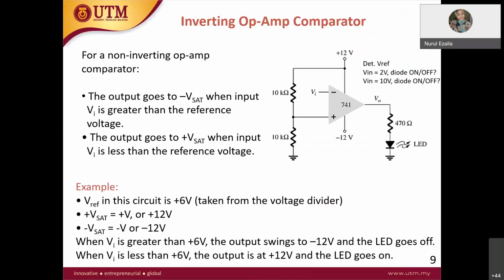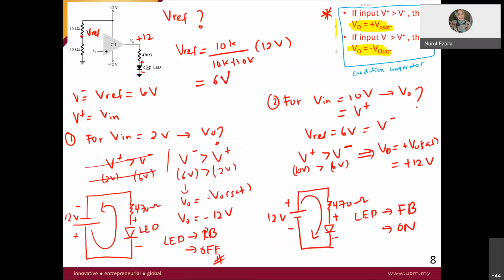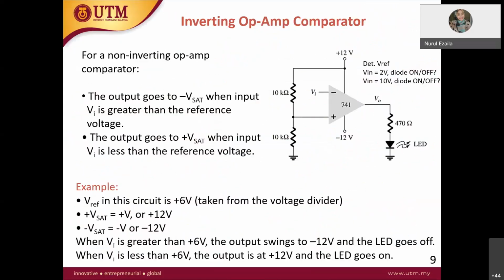This example is almost similar, the same. This one is for part A in the final exam, and this one is for part B. So the question: given the circuit of the inverting comparator, why inverting? Because the input supply is connected to the negative, to the V minus.